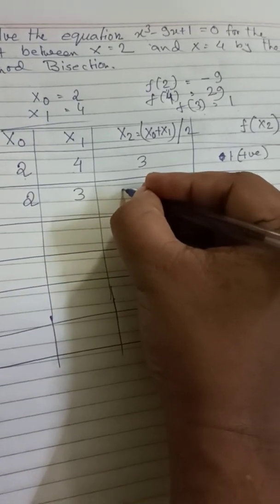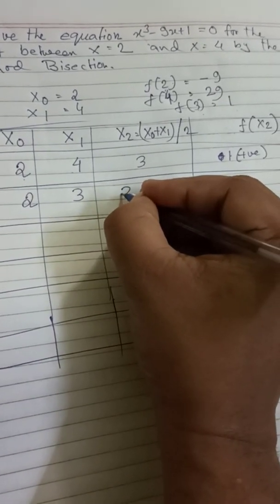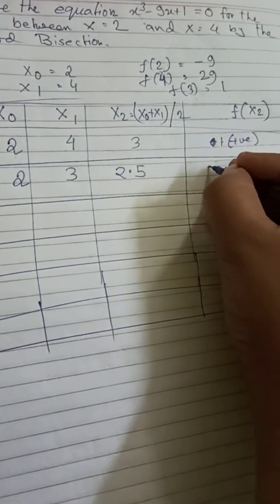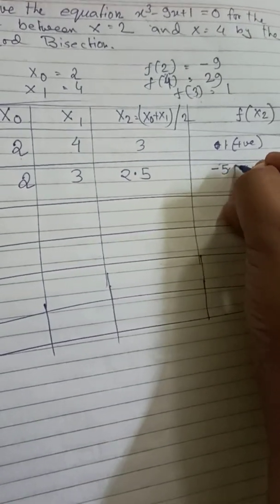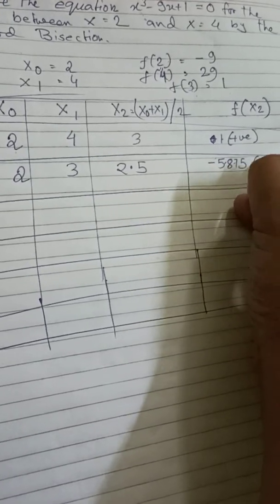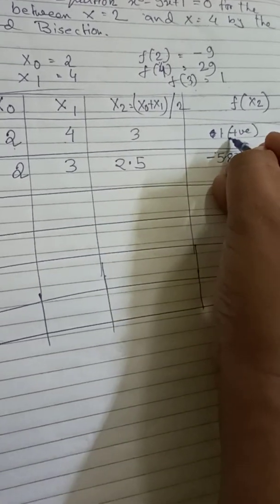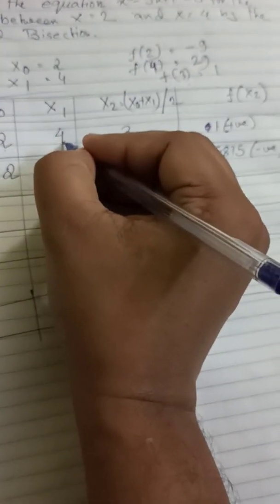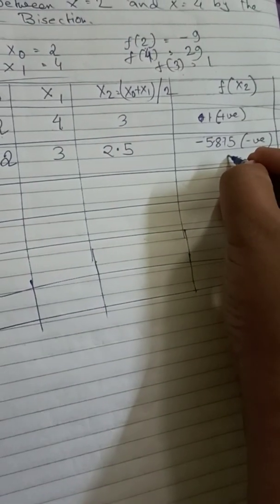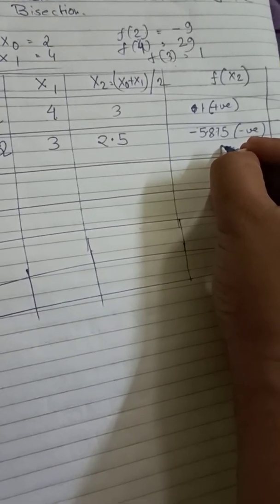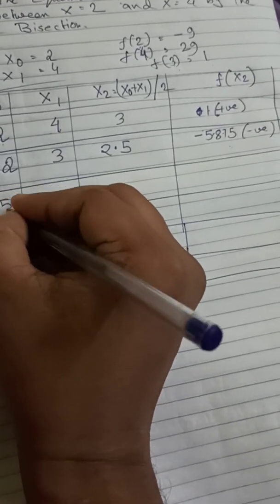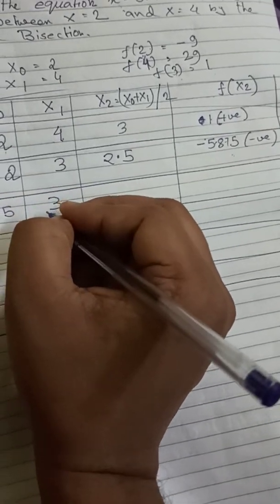Next x2 is 2.5 and f of x2 will be minus 5.875, which is a negative value. When f of x is positive, we exchange the value of x1, and when f of x is negative, we change x0. So the interval is 2.5 and 3.